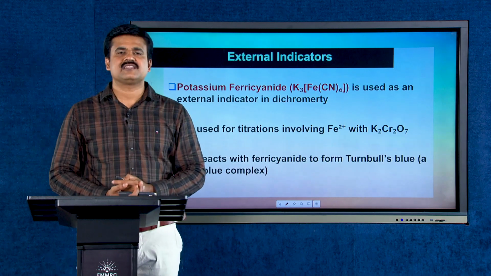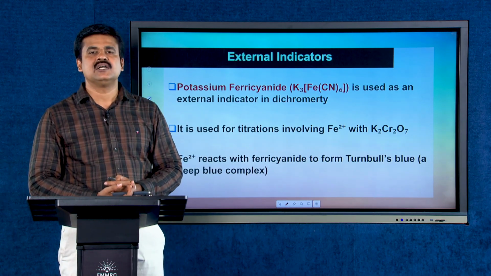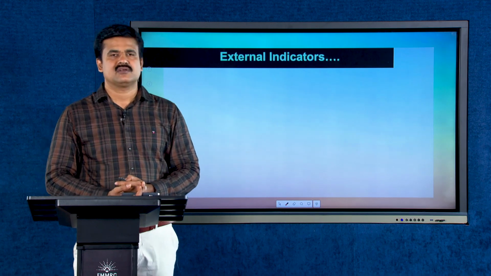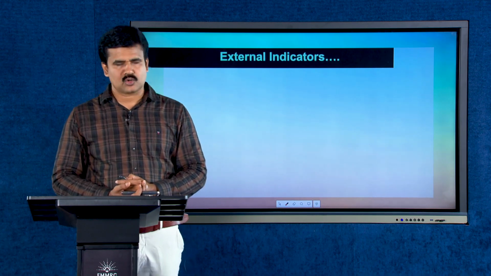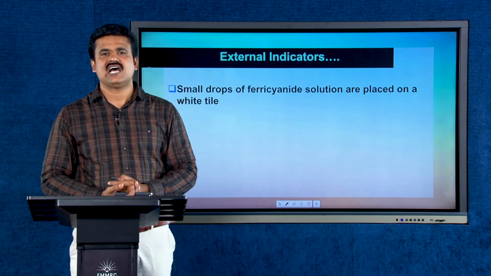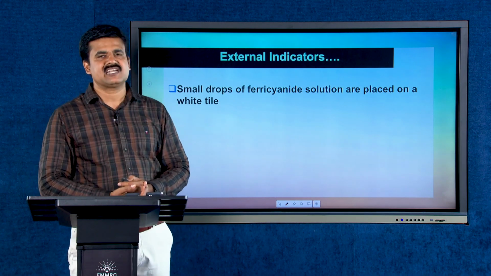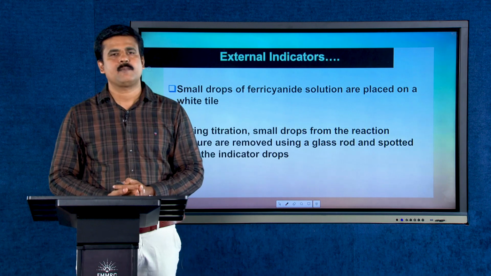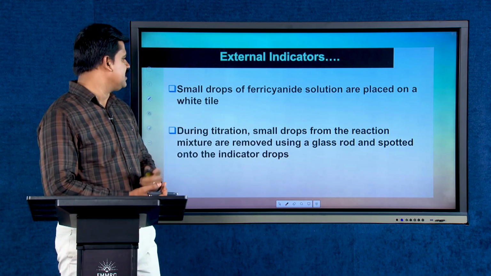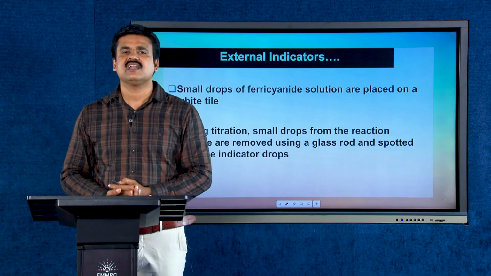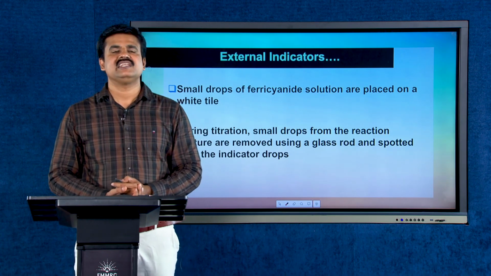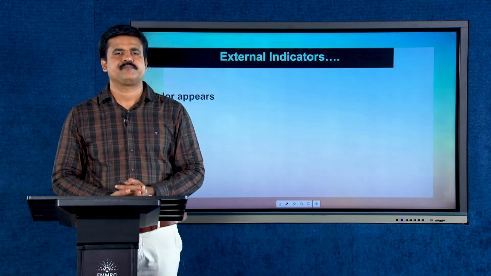Fe2+ reacts with the ferricyanide ion to form Turnbull's blue, which is a deep blue complex. Small drops of ferricyanide solution are placed on a white tile during the course of the titration. During the titration, small drops from the reaction mixture are removed using a glass rod and spotted onto the indicator drops.